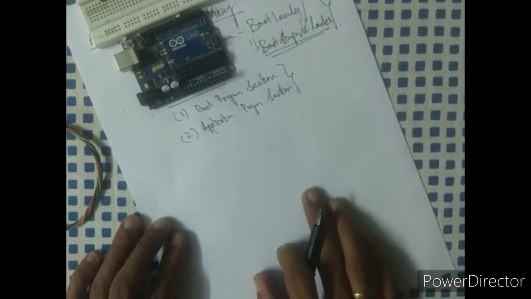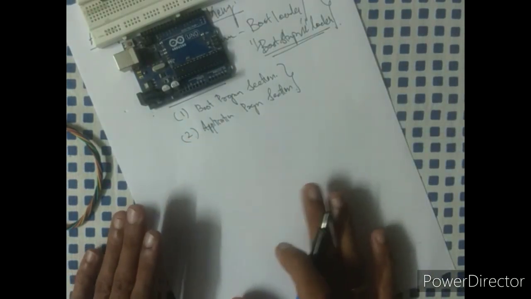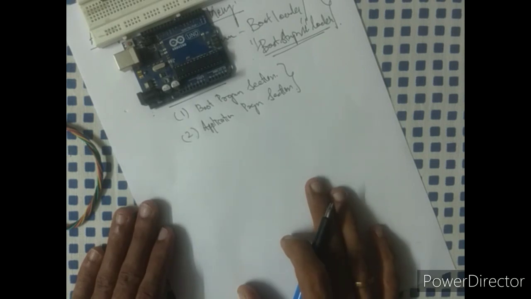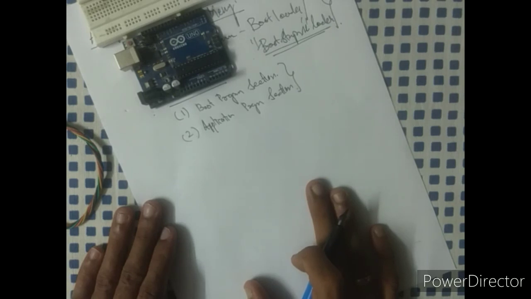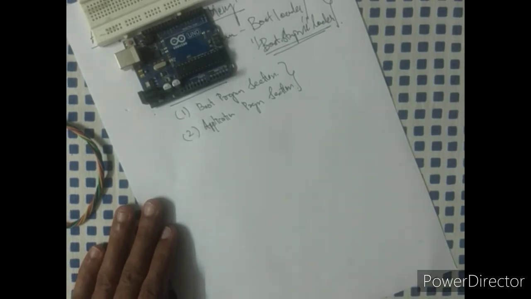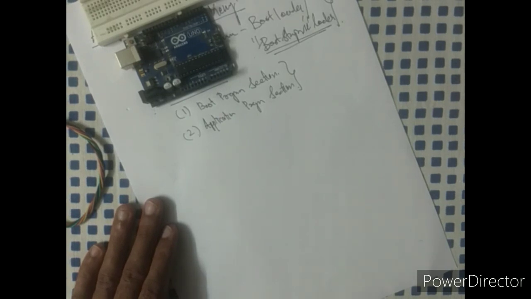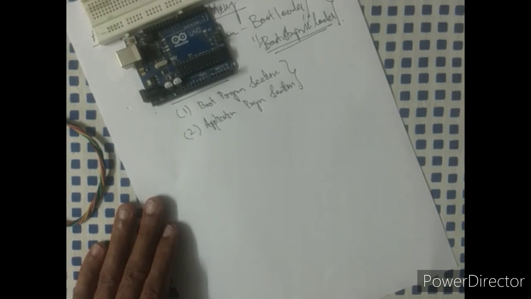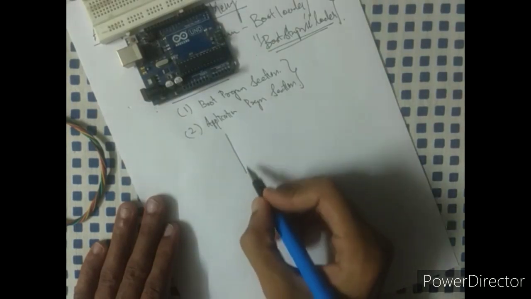Since the AVR core has instructions 16 bits or 32 bits wide, the flash memory of most AVR cores is organized like this.